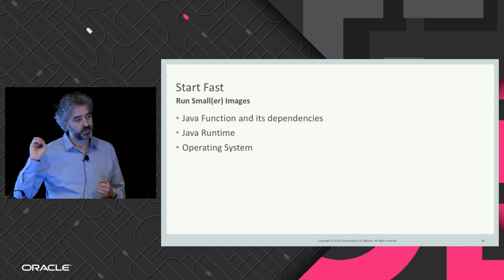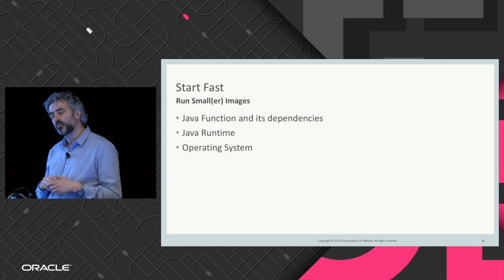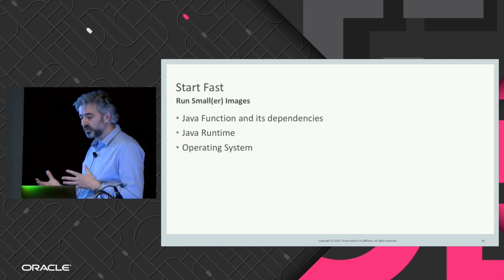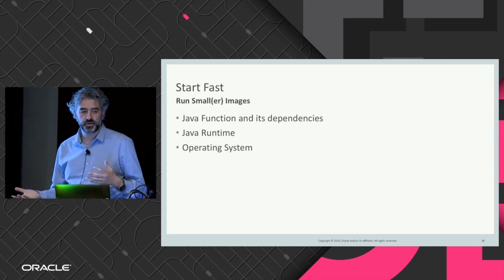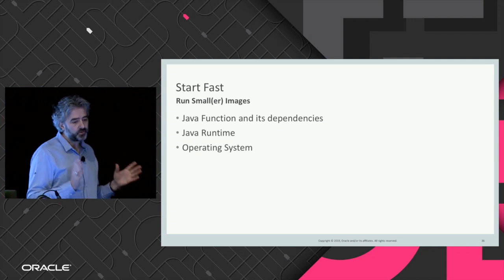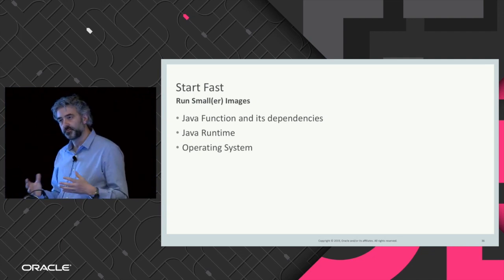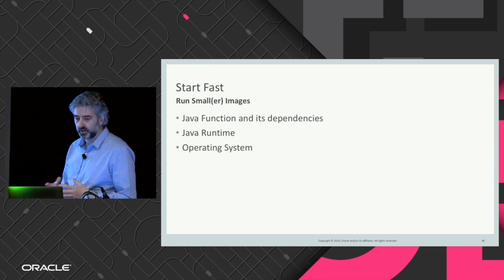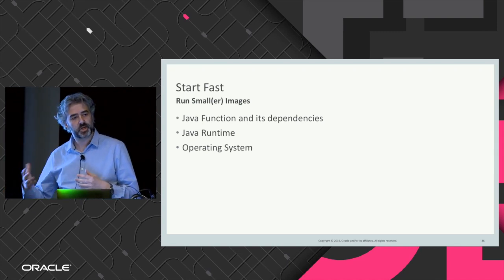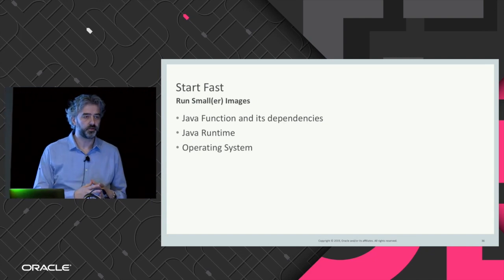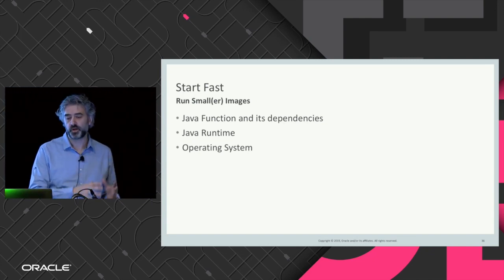We have the operating system layer, we have the Java runtime layer, and we have the Java function layer that also includes the dependencies of the function itself. Now, at the Java function layer, there's not much that we can do. We can just give you the advice of check your dependencies, basically. Check your transitive dependencies and make sure that you're not bringing dependencies that are not needed, that are not used.